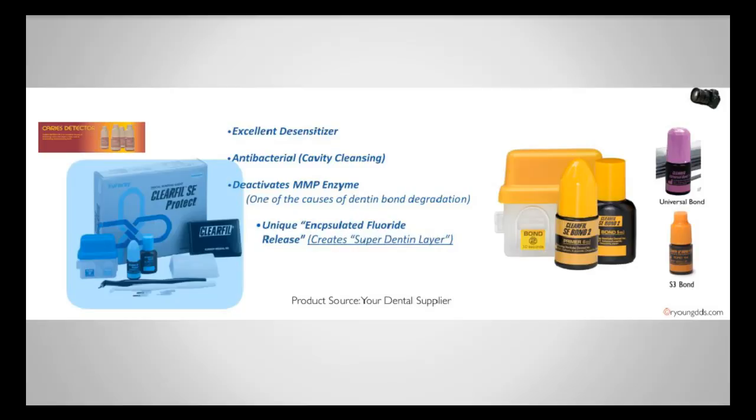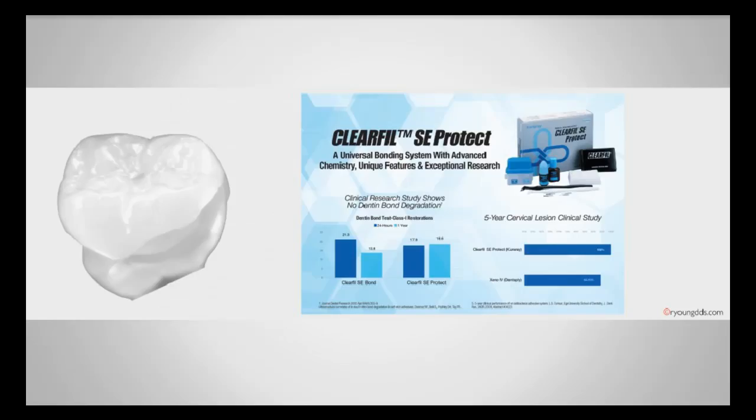It also has a unique encapsulated fluoride that creates a superdentin layer. So if moisture hits at, say, a margin, these encapsulated fluorides are released. For these reasons, I like the SE Protect. And the other reason is their clinical research. It shows that Clearfil SE Bond, after 24 hours, was 21.3, and Protect 17.9.